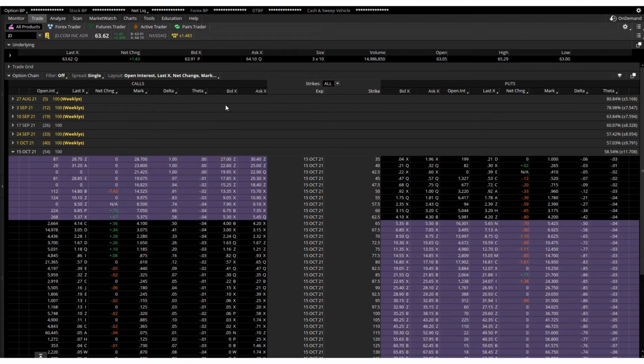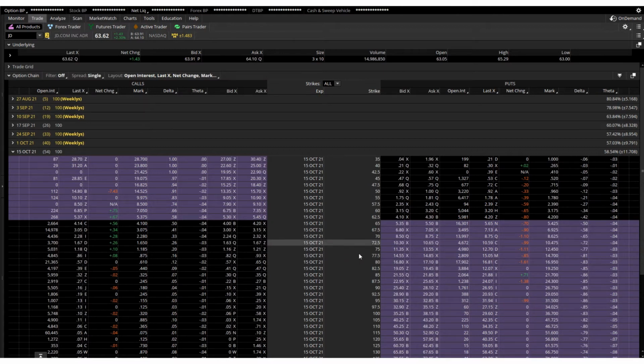Everything on the left side, if I was buying a bullish position, would be under the calls side. And based on my assessment, I'm buying a put because puts are akin to shorting or having a bearish sentiment. So that's the quick gist of the layout of this page.